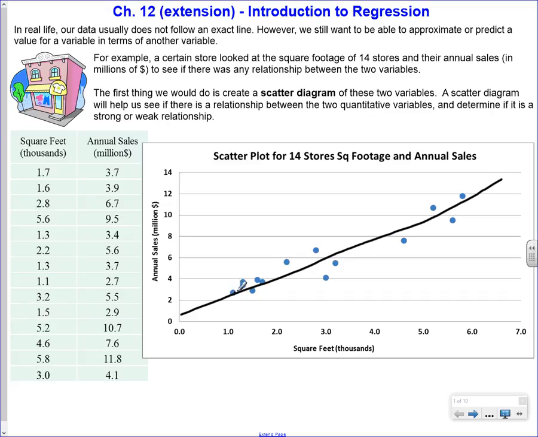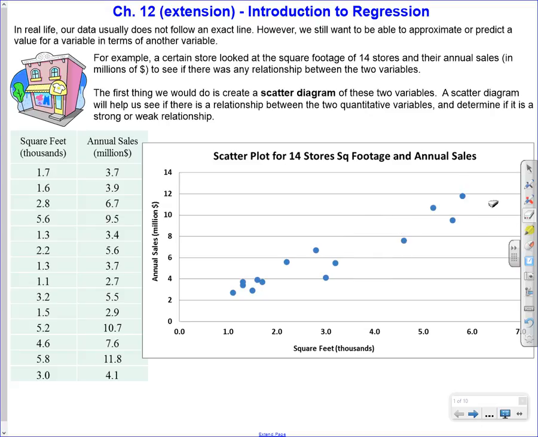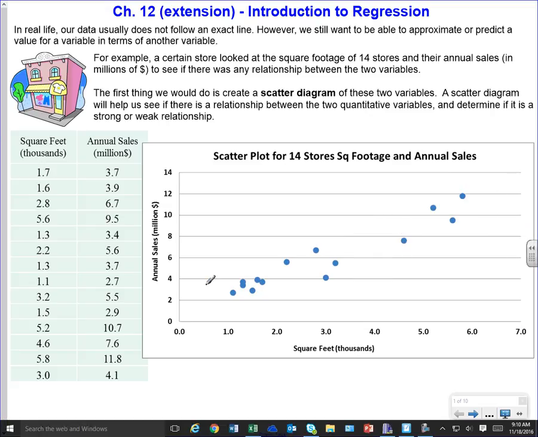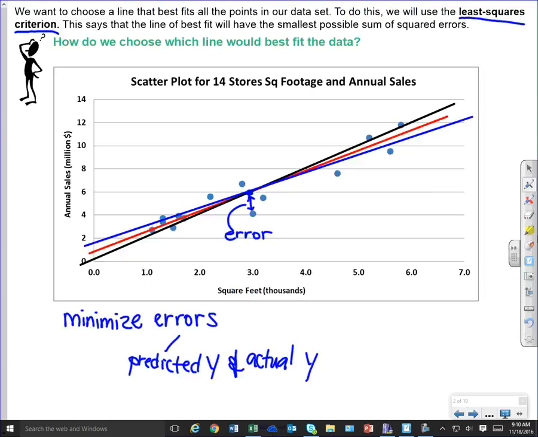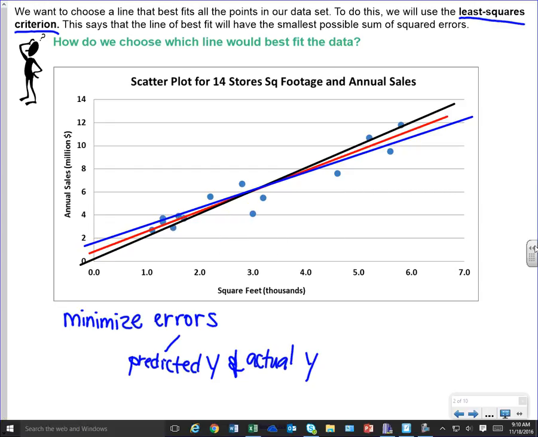We're not going to connect all these points like this and then figure out anything with that. What we're going to try to do is find the equation of the line that best fits this data. Now, how do I find the line of best fit? For example, this is the same scatter plot that I had from before.